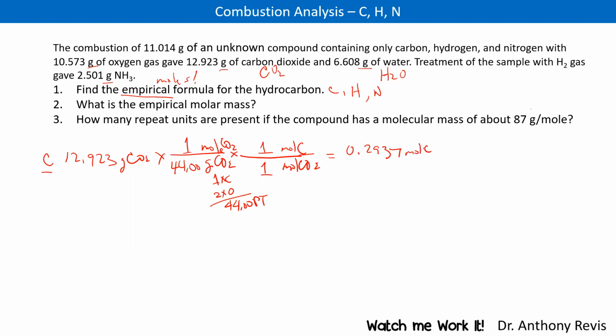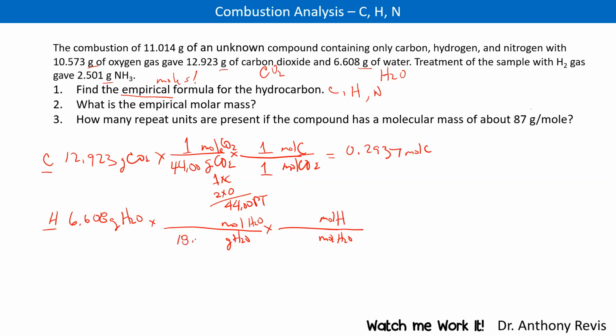These are moles C. Let's do similarly for hydrogen. Our source of hydrogen is 6.608 grams of H2O. So it's indirect, and since it's indirect, I'm going to use dimensional analysis to convert it. It's grams H2O to every mole of water. And then dimensional analysis says, put this on the bottom. That's a math rule. And then we look for the ratio of moles of hydrogen on the top. So let's go back and put these values in.